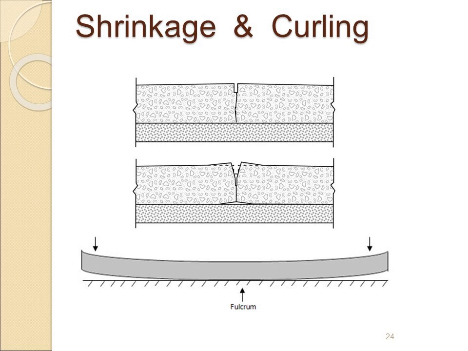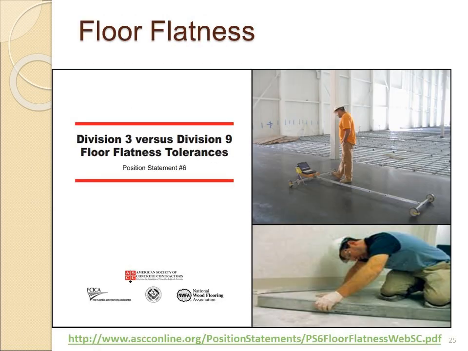And what happens later is when the installers come in to install tile, they realize that although it was placed flat, when they go back and check it with a straight edge, you'll see that slabs have done some curling. And if you're not aware of the Division 3 versus Division 9 document, you can find it online, and that definitely will help you explain it to an owner that concrete is going to change shape over time due to its losing moisture.